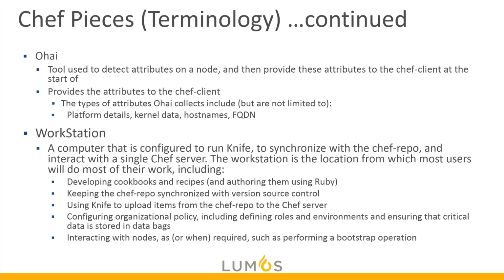So defining roles, the various environments that assure that the critical data is stored in the data bags. And then they interact with these nodes, so essentially where the Chef client is run, when required, such as performing, for instance, a bootstrap operation.